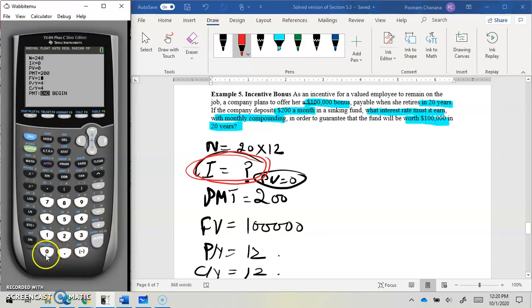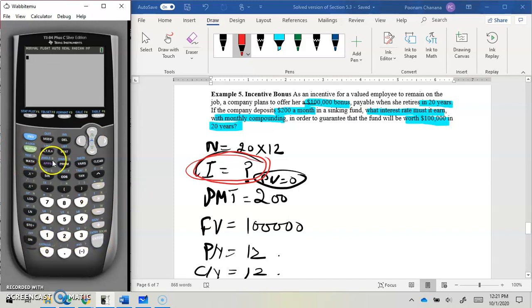Future value is 100,000. Payments per year are 12 and compounding per year will also be 12. They have to be the same numbers in an ordinary annuity. Now, because in this case we have to find the interest rate, I go back up to the interest rate I, press alpha and press enter.